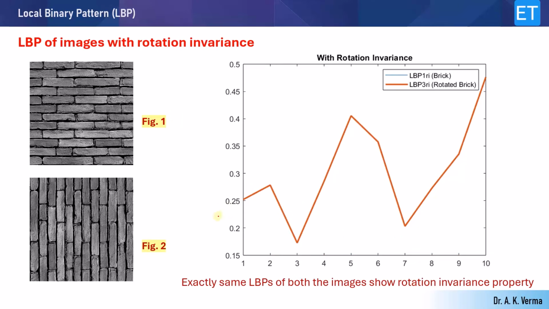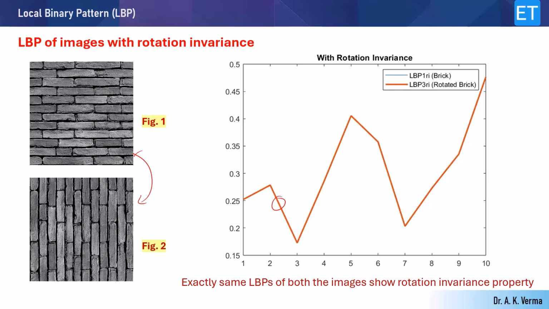Okay, now come to this one. For the same case, when I switch on rotation invariance, the miracle happens. What is that? Here the LBPs of both the images I get exactly the same. Blue and red are both overlapping, that's why you are seeing only one. The second image is a rotated version of the first image, and both are exactly the same, because I have switched on the rotation invariance feature of LBP.